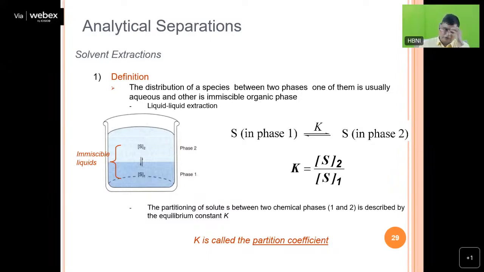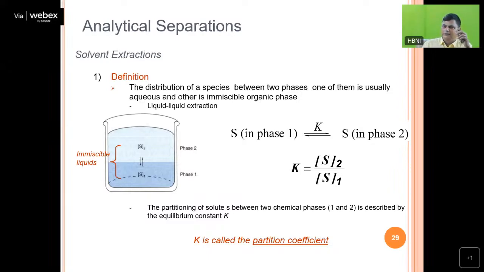Now we see this with an example. I am trying to make you understand the importance of solvent extraction, and how we can do the analysis of a trace element even in the presence of bulk material.